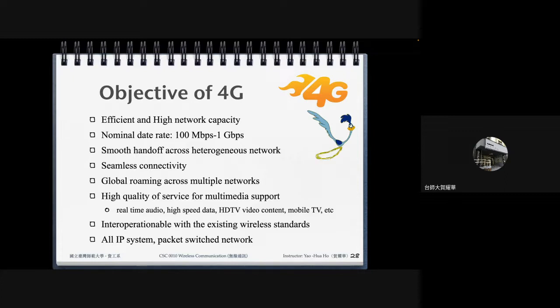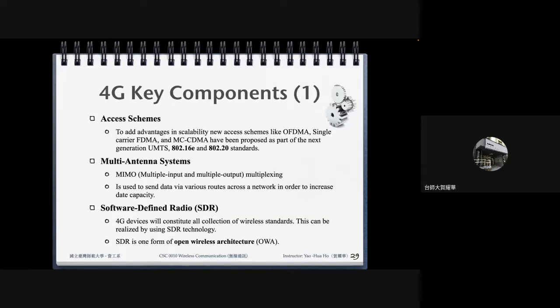It has much higher quality of service, QoS, for multimedia support. Means now you can stream audio, video, HD, and so on and so forth. It's interoperable with existing wireless standards. You can still interoperate with 3G, you can still interoperate with Wi-Fi, and so on. Again, it is an all-IP system, a packet switching network on the fourth generation.